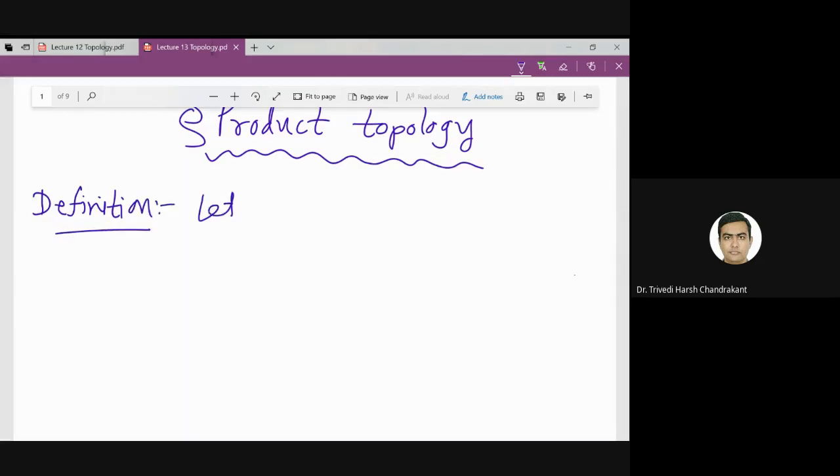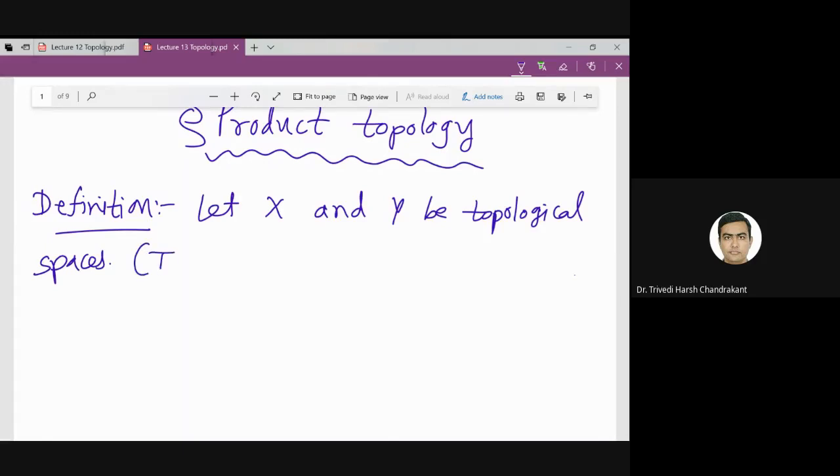Let X and Y be topological spaces. What do we mean by this? X and Y are topological spaces.